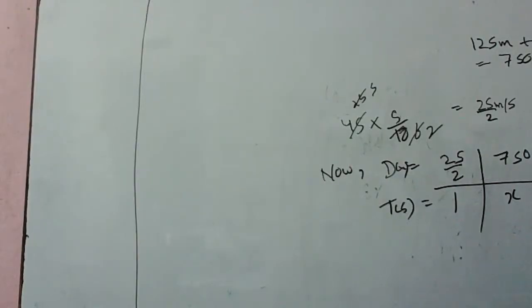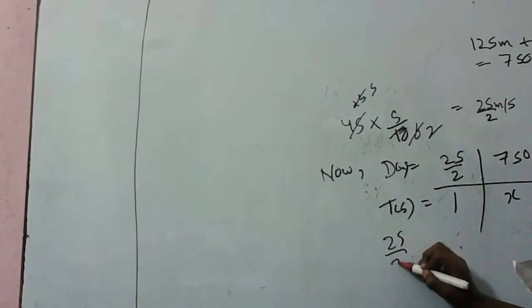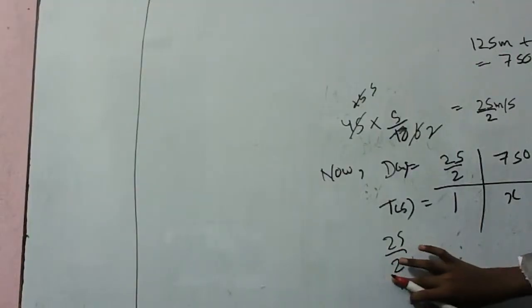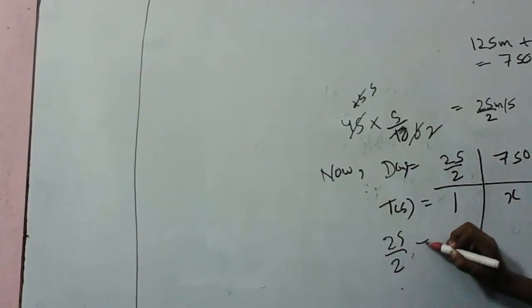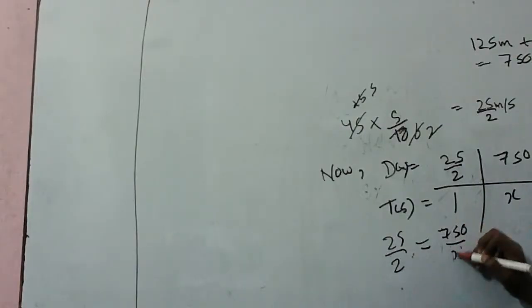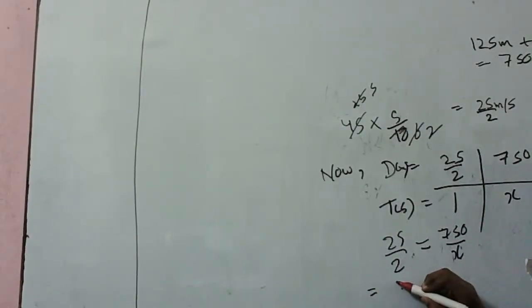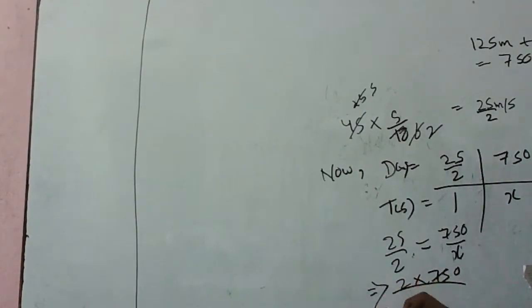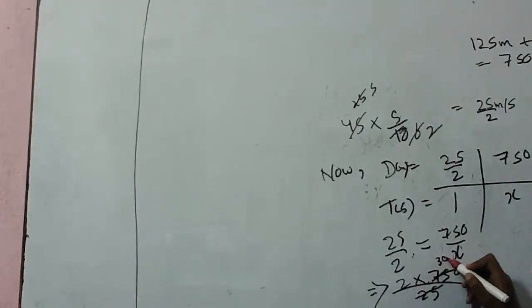If we increase the distance, the time will increase, so it is the case of direct variation. Now 25 by 2 by 1 equals 750 by x. x equals 2 into 750 by 25. 25 into 3 is 75, and here is a 0, so it will be 30 times 2.